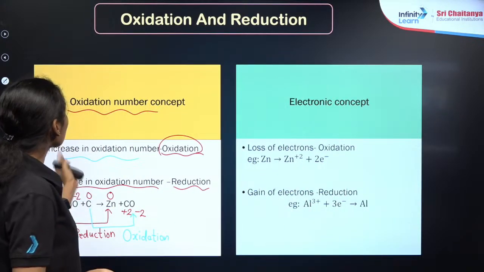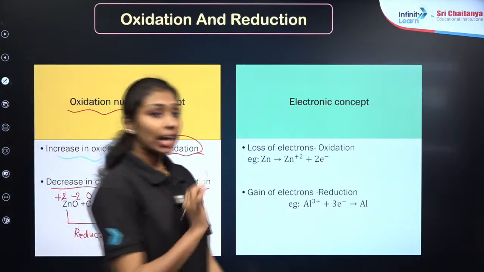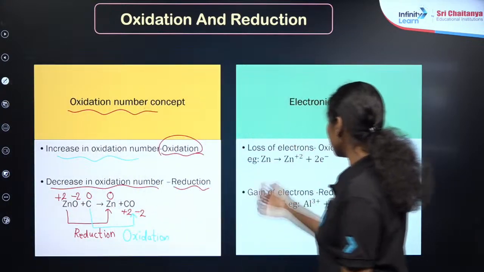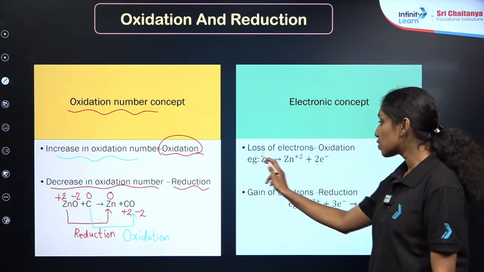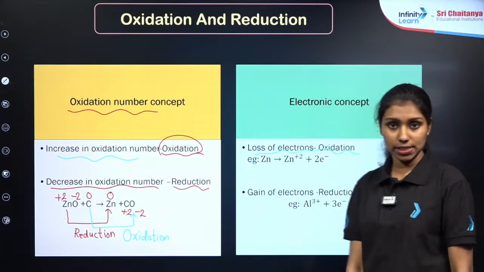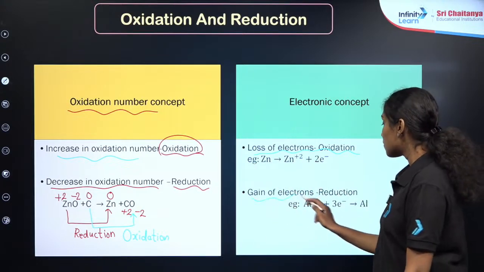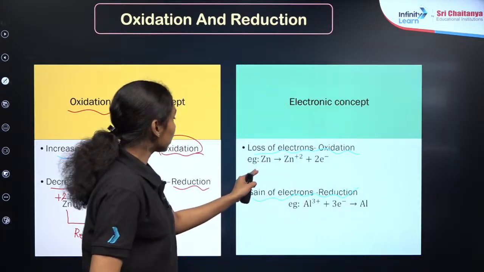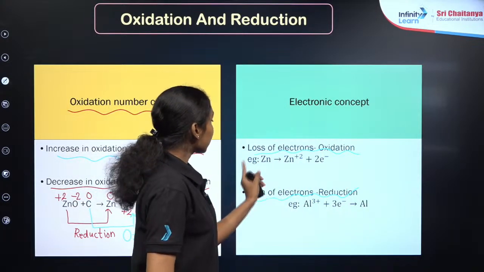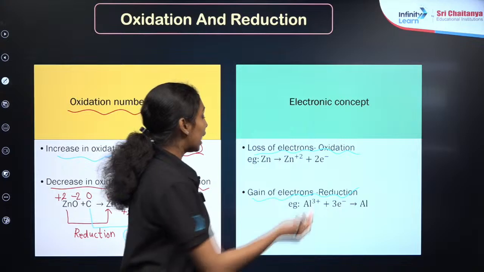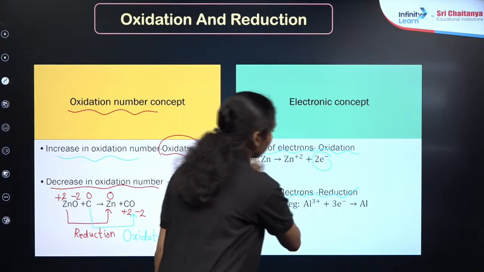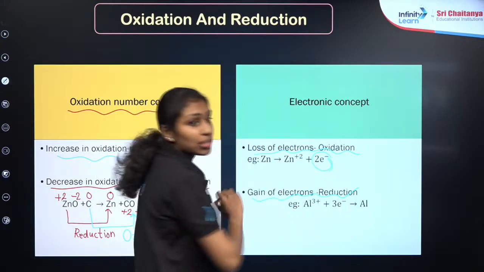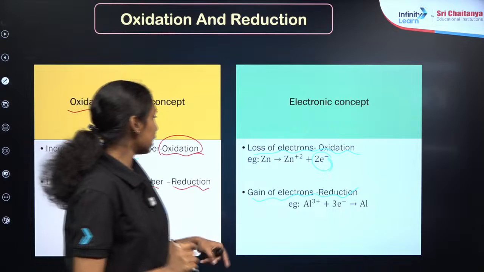Okay, this is about the oxidation number concept. Now let me move to the electronic concept of oxidation and reduction. The loss of electrons is taken as oxidation. Similarly, the gain of electrons is taken as reduction. An example is given here. Whenever we convert a zinc atom to a zinc plus 2 ion, it will lose 2 electrons. We will discuss this in detail in your electrochemistry chapter in the galvanic cell.